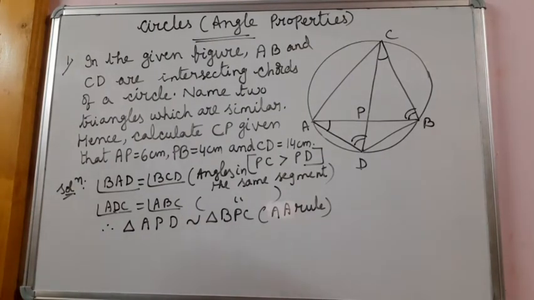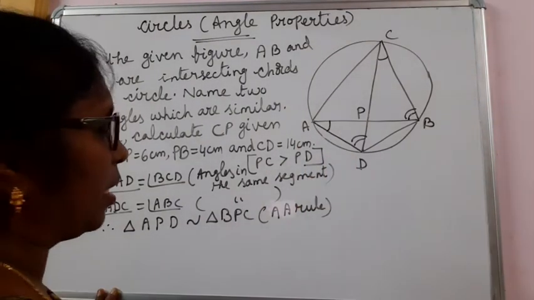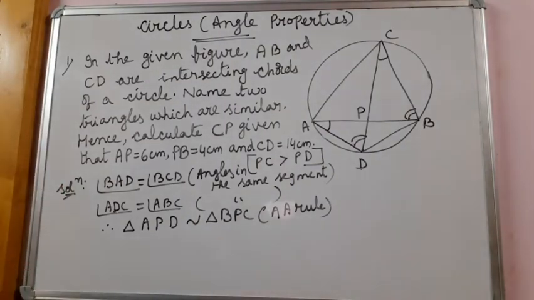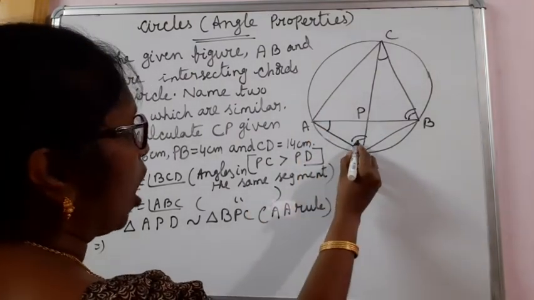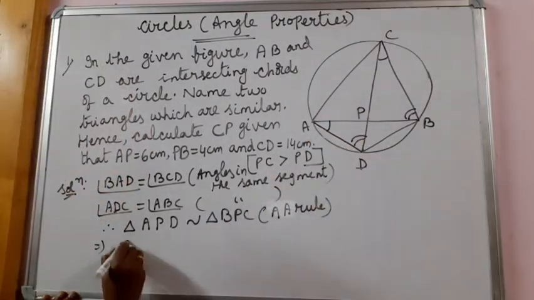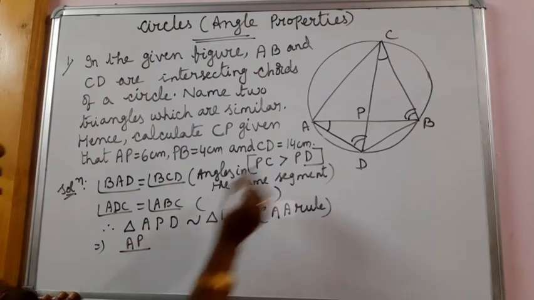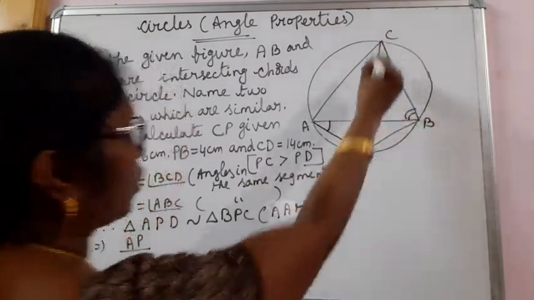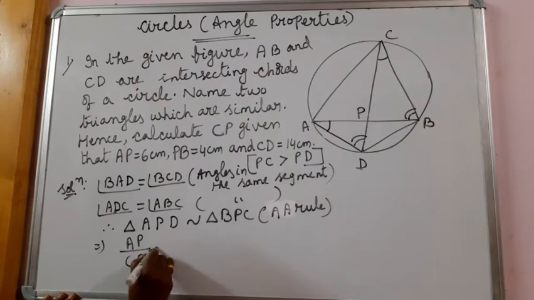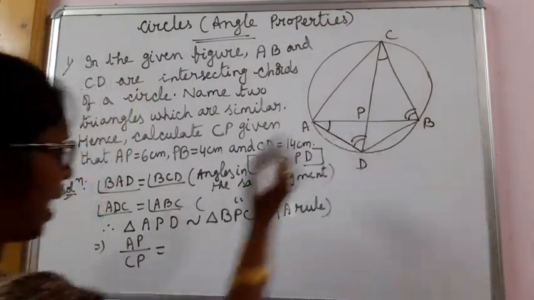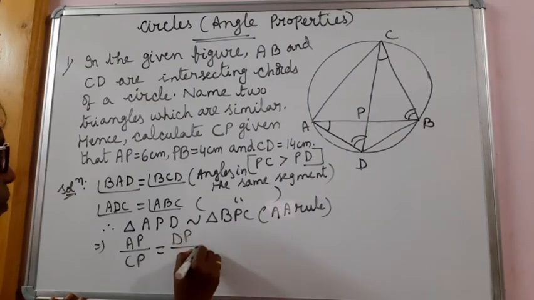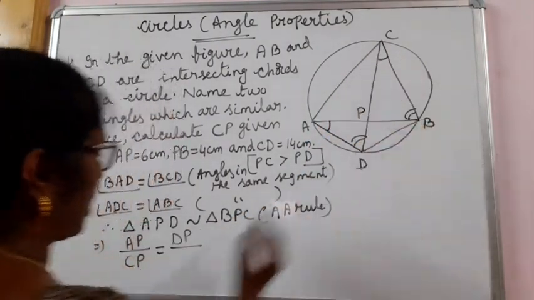Now, you know that when two triangles are similar, their sides are proportional to each other. That implies in triangle APD, opposite to this angle is AP, in this triangle opposite to this is CP, equal to, again in this triangle opposite to this angle is DP, by, here opposite to this is BP.